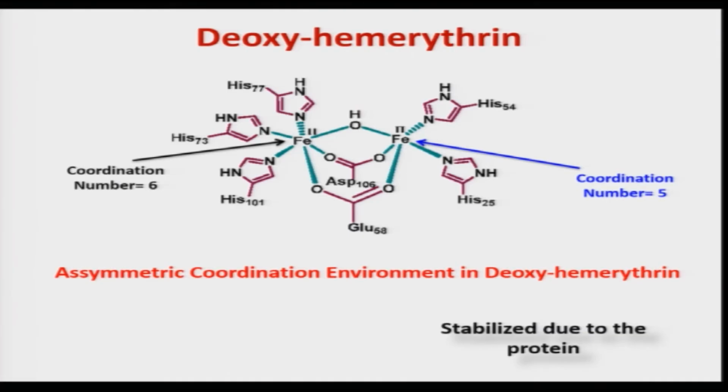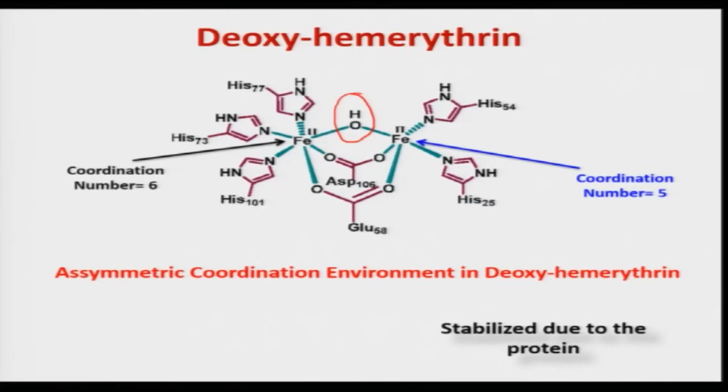Also there is a hydroxo group which bridges between these 2 iron centers. Now, this type of asymmetric coordination environment is possible in biology in the presence of protein. If you would like to make a similar molecule in the laboratory, it would be extremely difficult. I will come into a little bit more detail about that.